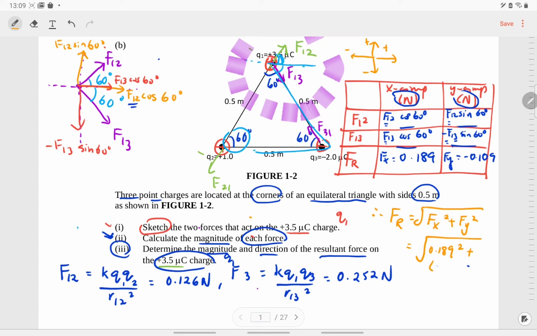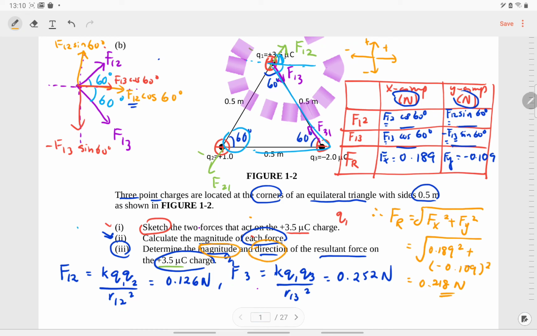Okay, and then fy is negative 0.109 square. Okay, just calculate the value and then you will get 0.128 Newton.